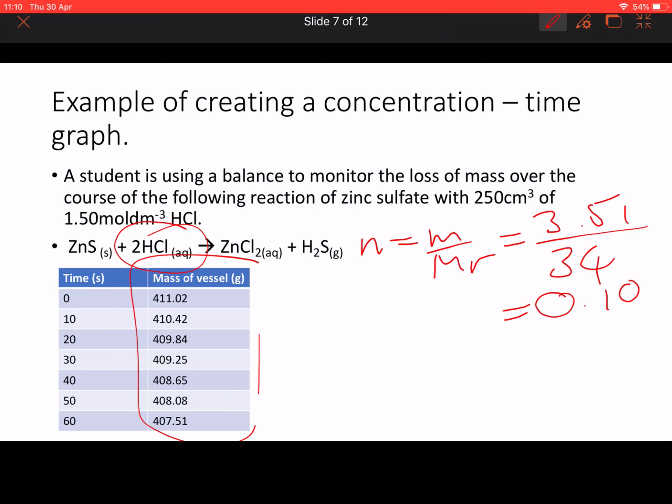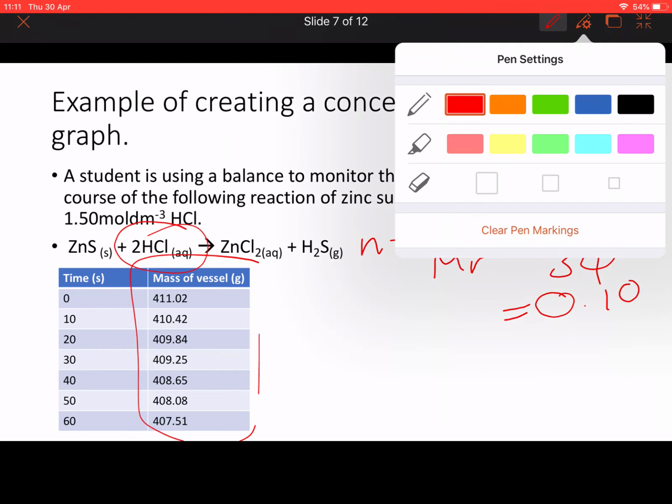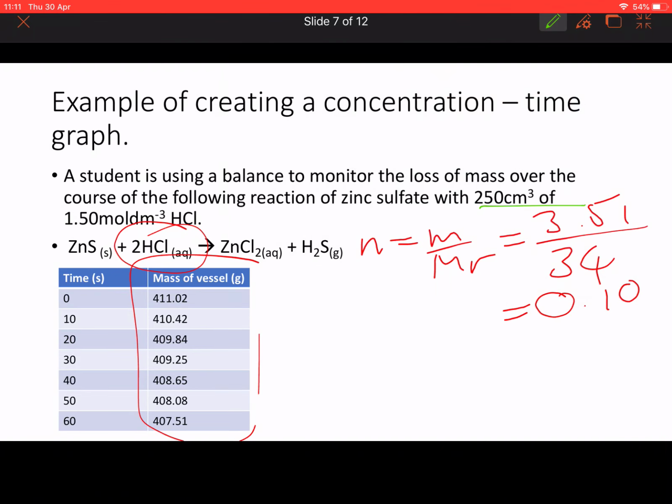That then means that we have the capacity to work out the number of moles of hydrogen chloride present in our solution. To do that, we first need to work out the number of moles of hydrogen chloride that we had at the start of the reaction. Okay, so this is where, if I do this in a different colour, these bits of information are important.